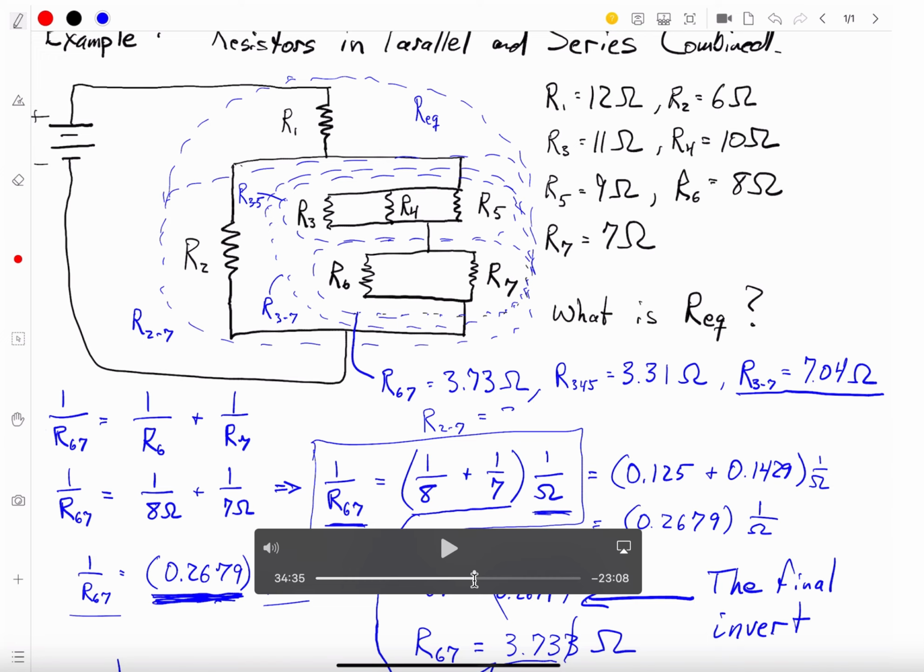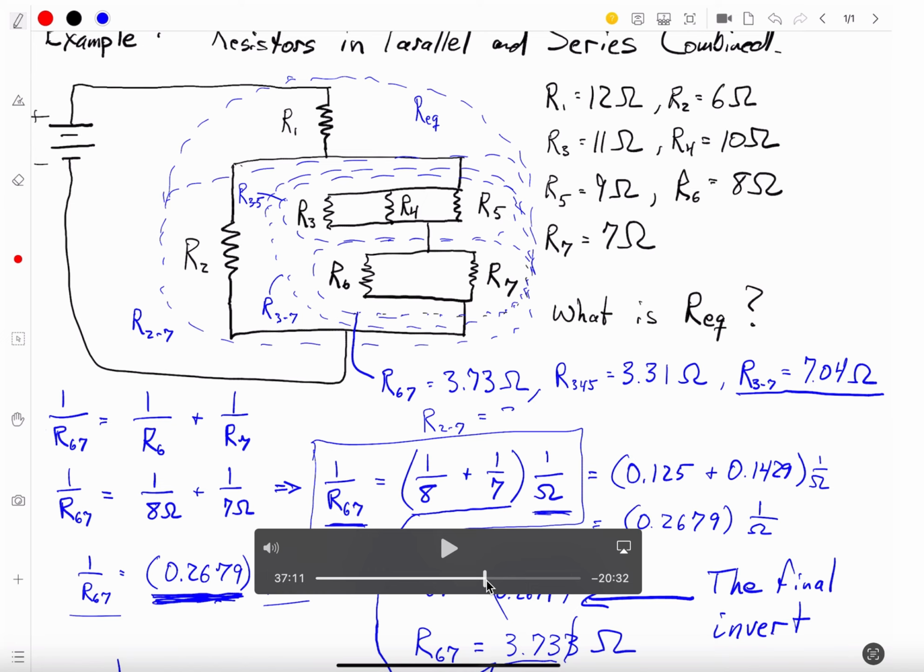Okay, let's keep going. R2 through 7. So we're now including R2 with R3 through 7. Because they're in parallel, that requires us to do our inversion thing. Did I not write it down? Well, I'm going to tell you what it is.